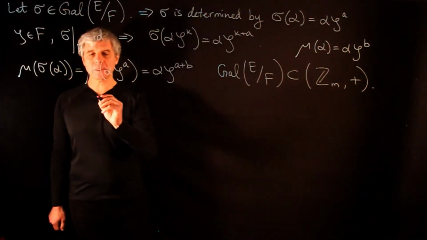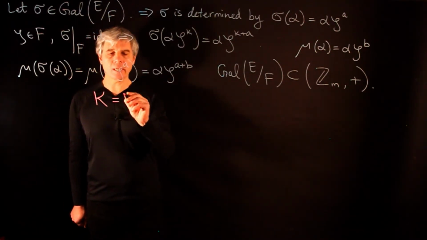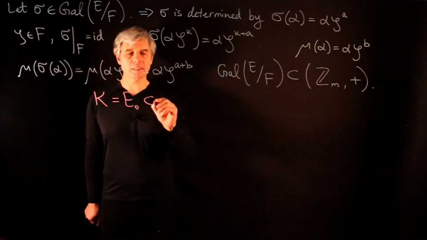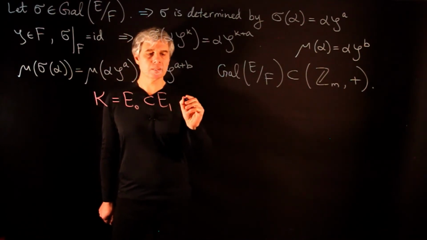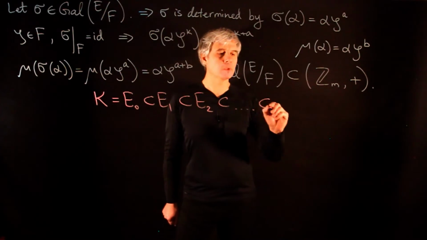Now let us consider our chain where we adjoin radicals. So we have K, which is E0, sits inside E1, sits inside E2, and so on up to En.